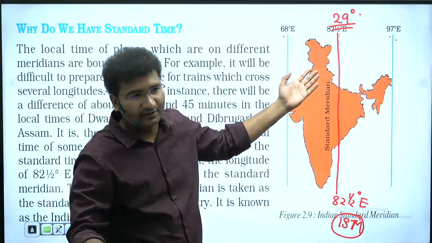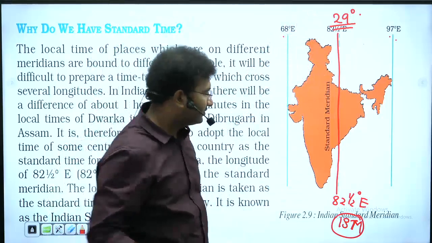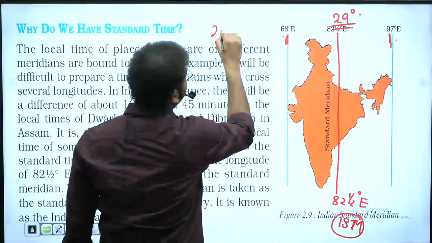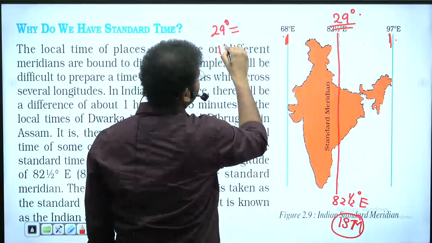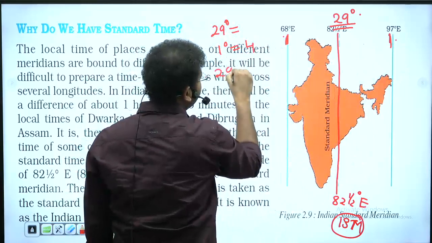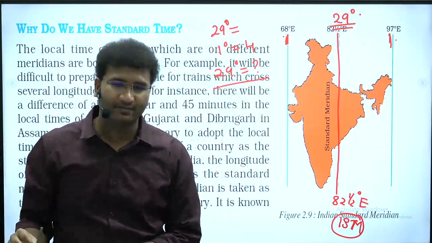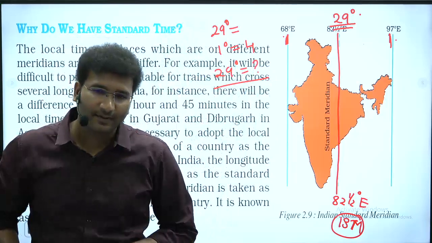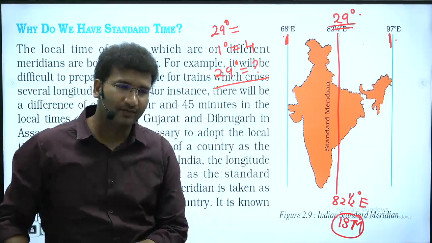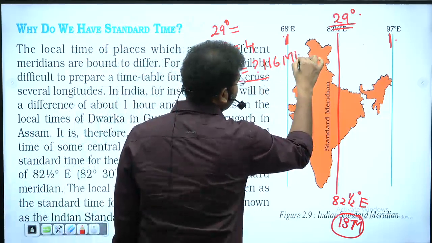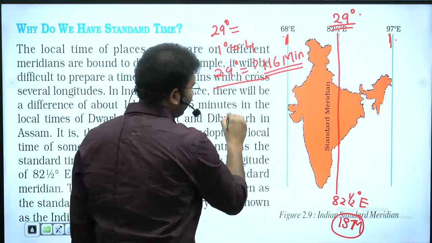That is 82.5. Right? So from 68 to 97, if it is 29 degrees, 1 degree is equal to 4 minutes. So 29 degrees is equal to how many minutes? एक सौ 16 minutes, which is 1 hour.